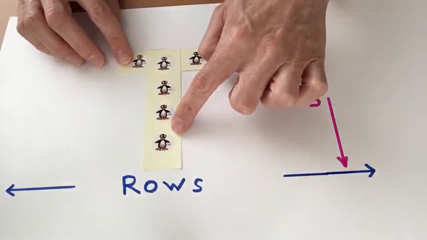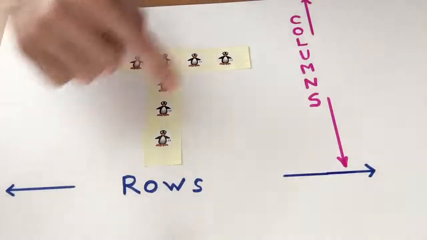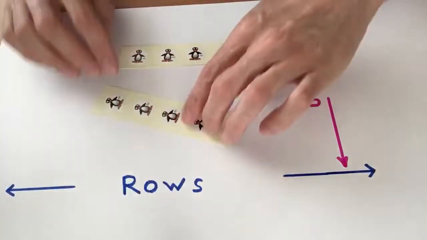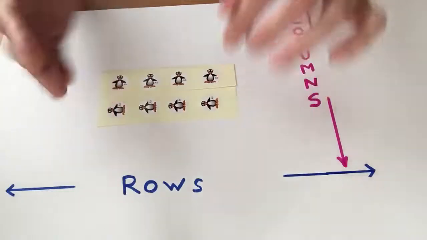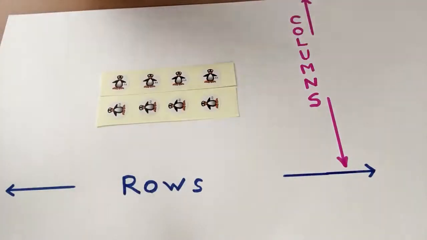Maybe a T shape, also not an array. Look at the spaces, not an array. So you must have good alignment between columns and rows, and you must not have any spaces. There are no gaps, no spaces here.